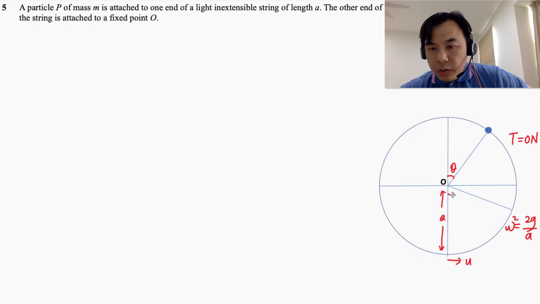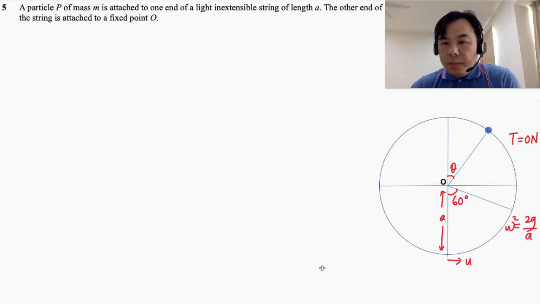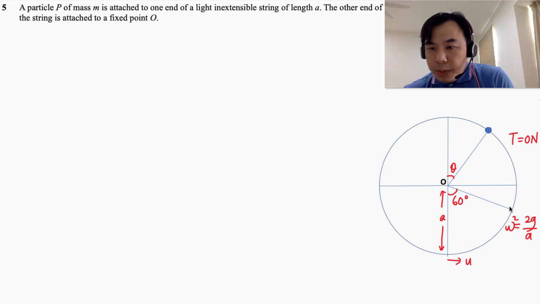At 60 degrees here, its angular speed is given by this value. At this point, we are going to observe its position at P first.